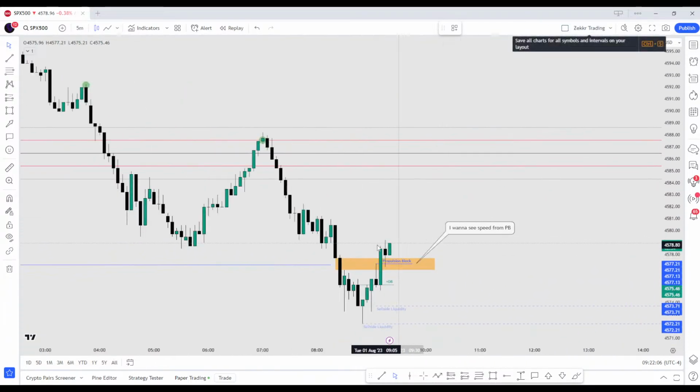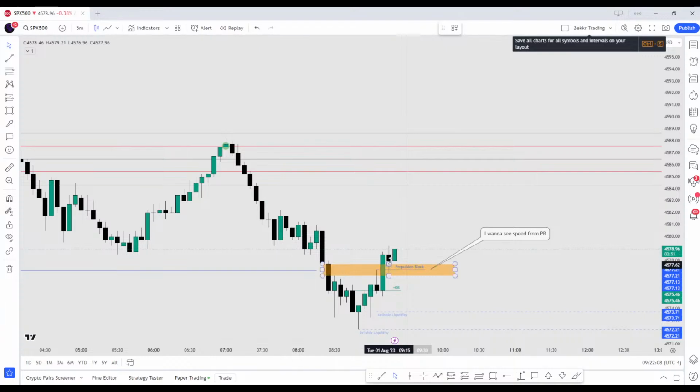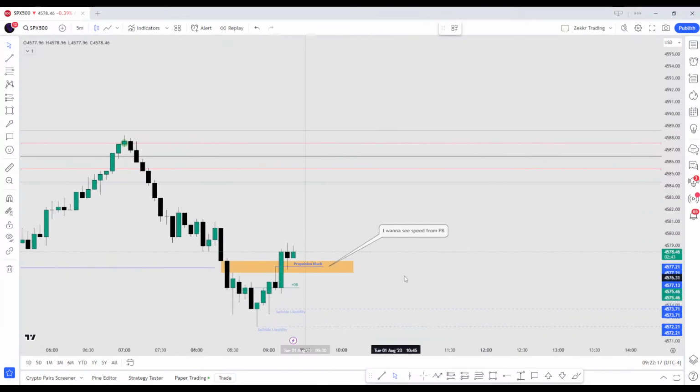We're seeing bullish candles. We are respecting this gap plus this propulsion block, so we could see expansion, but I want to see more speed. I really want to see speed and then rejection from this.